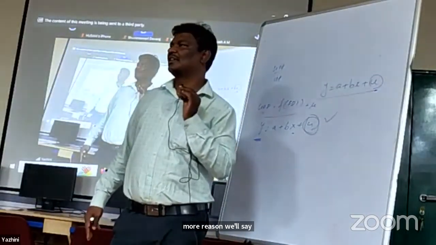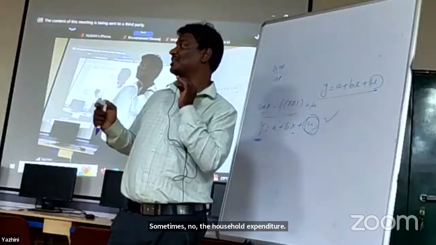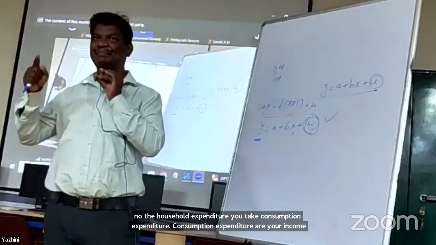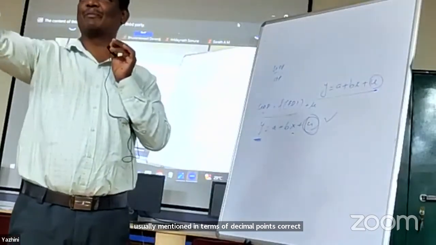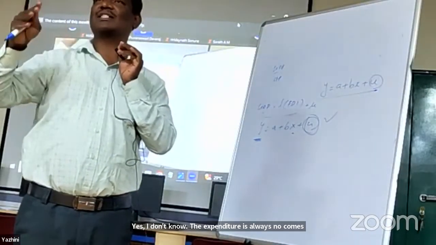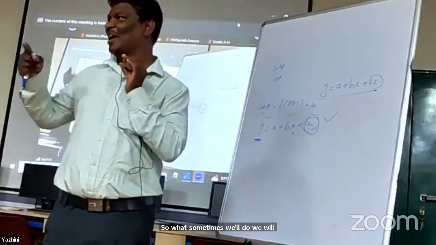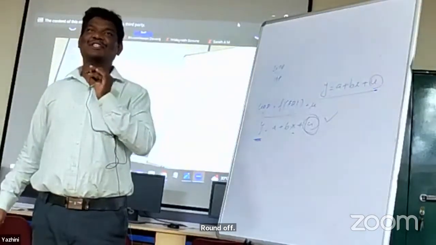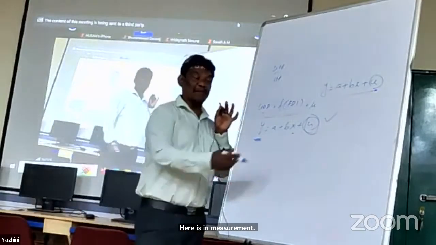Sometimes you take household consumption expenditure or income, usually stated with decimal points. So sometimes we round off. We call these errors in measurement. Those errors will be captured by u.